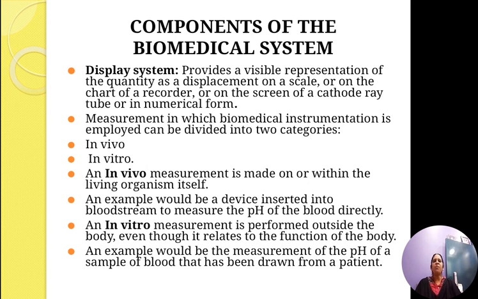An example would be a device inserted into the bloodstream to measure the pH of the blood directly. When you insert the device directly into the bloodstream, that type of measurement is called in vivo measurement.